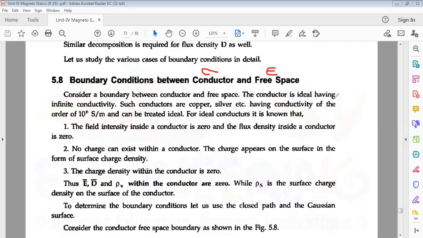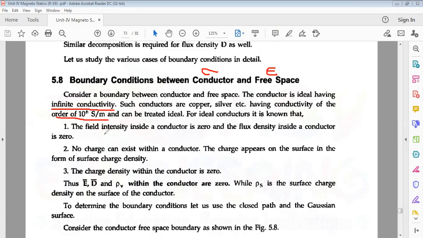The conductor is ideal, having an infinite conductivity. Means the conductivity in the conductor is very high. Such conductors are copper, silver, etc., having conductivity of the order of 10 power 6, and can be treated as ideal.